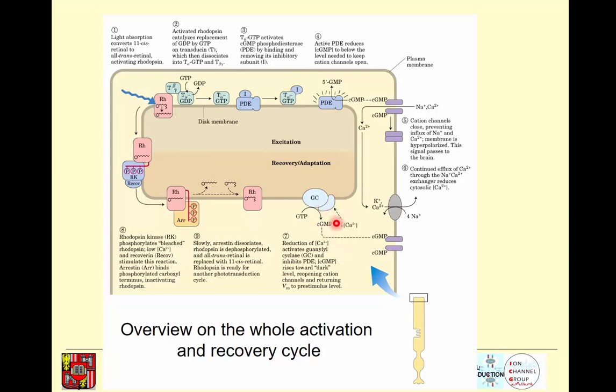Cyclic GMP increases in the cytosol, binds to the channel, and the channel gets reopened again, leading to the steady state influx of positive charges, and we end up with a depolarized state. You can nicely see here that everything connected to the rhodopsin happens in the intracellular discs. What is connected to the cyclic GMP channel actually happens in the outer plasma membrane.